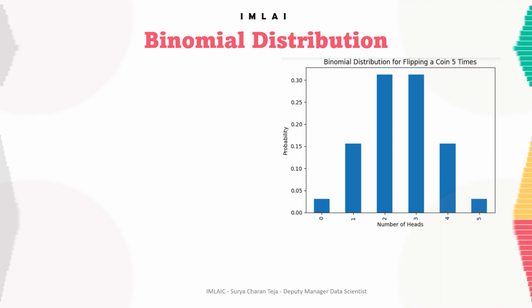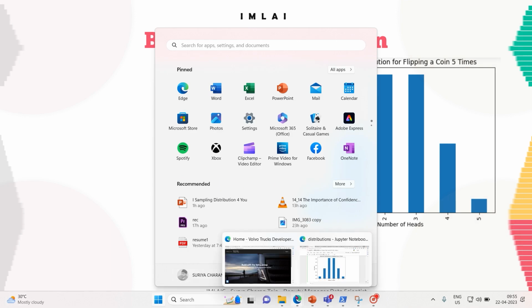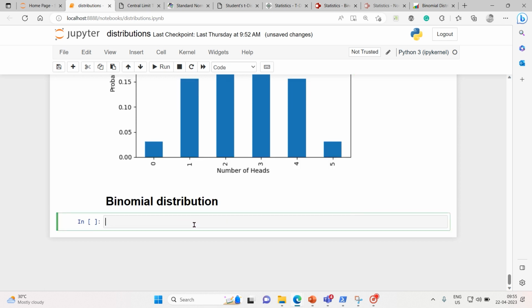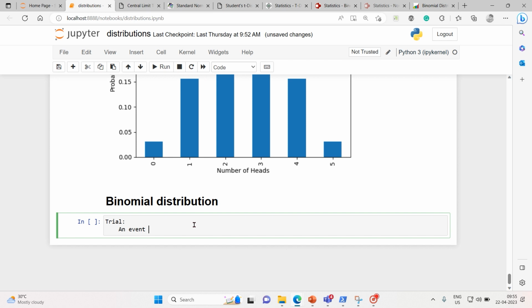Let me put it in writing so that it will be easier for you. Trial: an event with a discrete outcome, or an event which is done a discrete number of times.